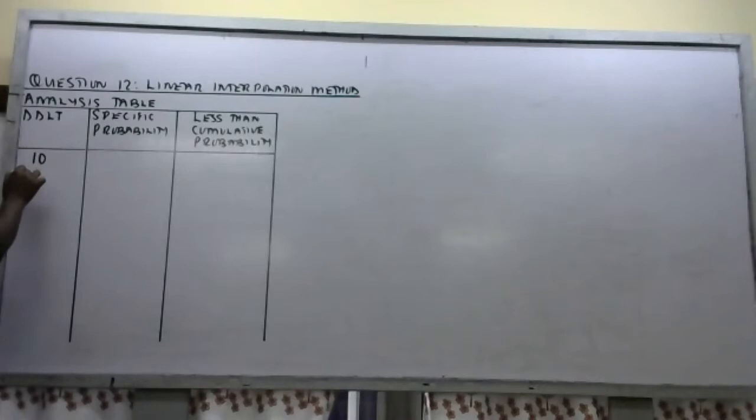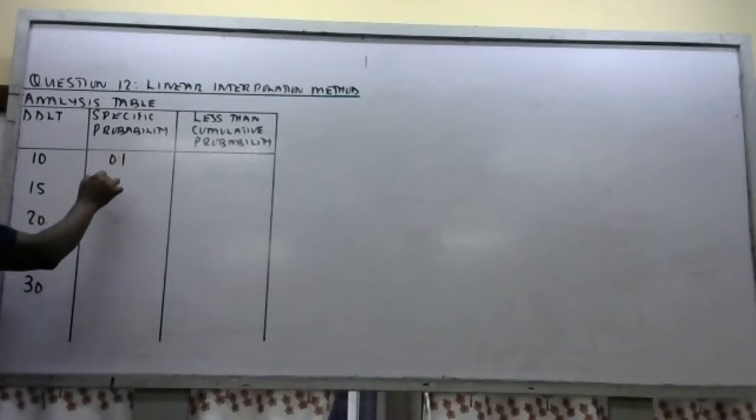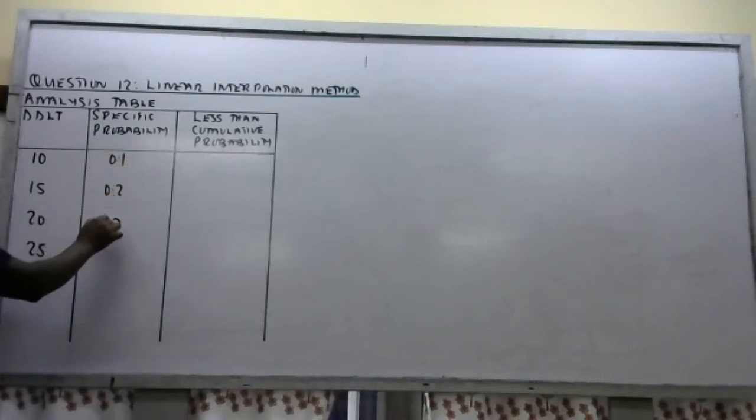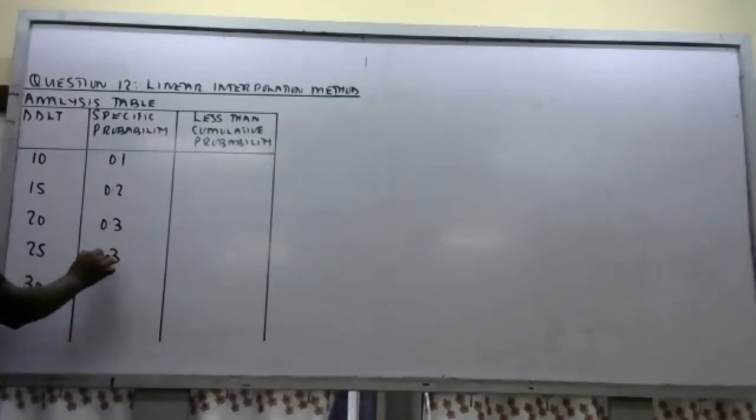Is it the one that has 10, 15, 20, 25, and 30? Yeah. Probabilities of 0.1, 0.2, 0.3, 0.3, and 0.1.